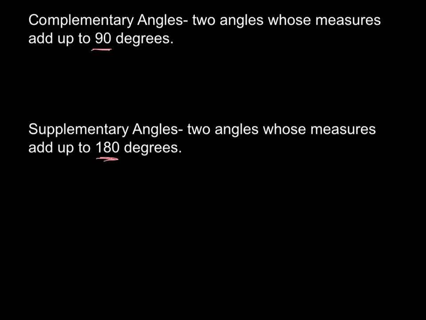So if I wanted the complementary angle to an angle that is 30 degrees, my complementary angle would be 60 degrees. They just have to add up to equal 90.